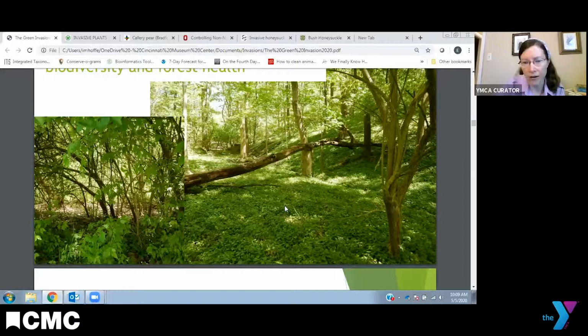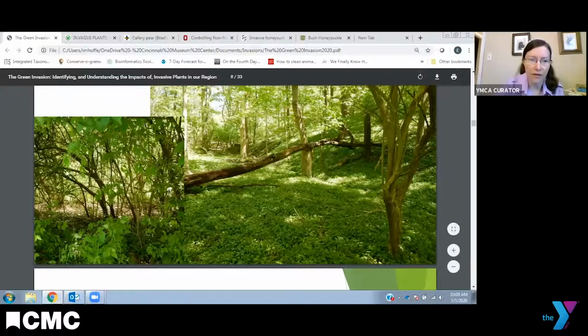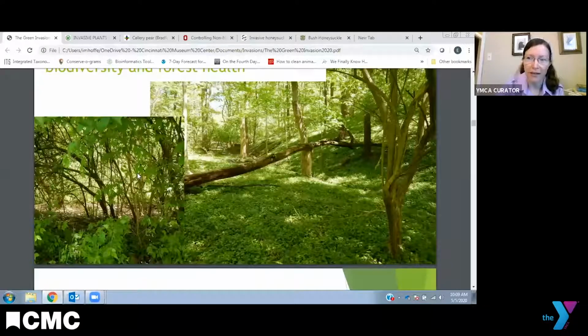I did find some trout lilies clinging to life up on one of the hillsides, but it was not an impressive amount. Over here, just a little picture of Bush Honeysuckle monoculture. I didn't really have the ability to get a better picture because of the isolation, but all you see here is Bush Honeysuckle. There's baby Bush Honeysuckle in the foreground coming up under the mommy Bush Honeysuckle here.